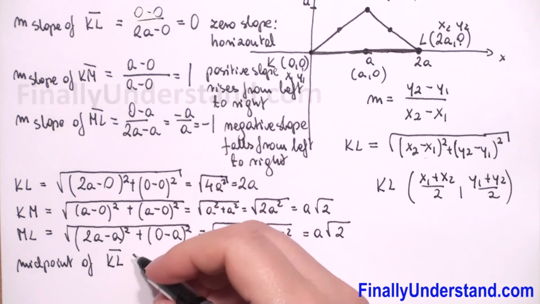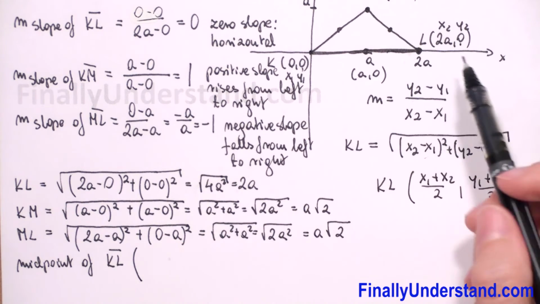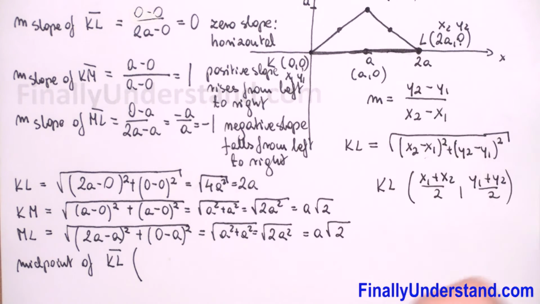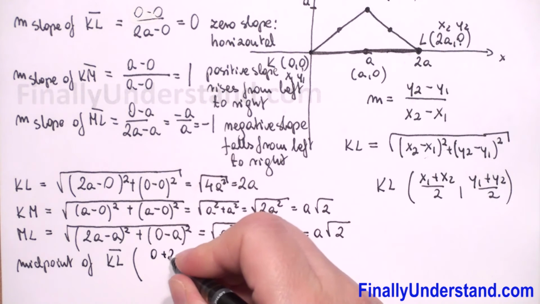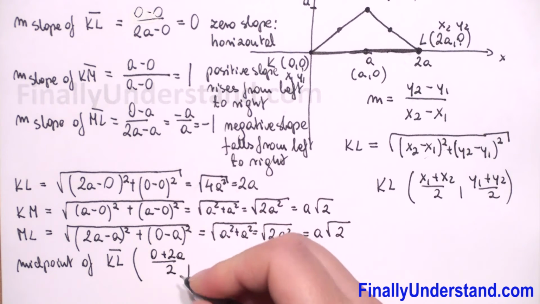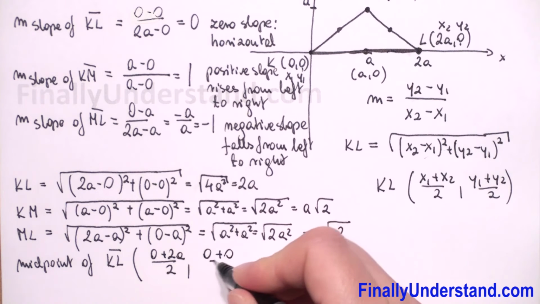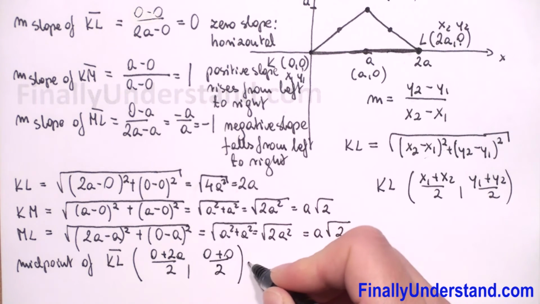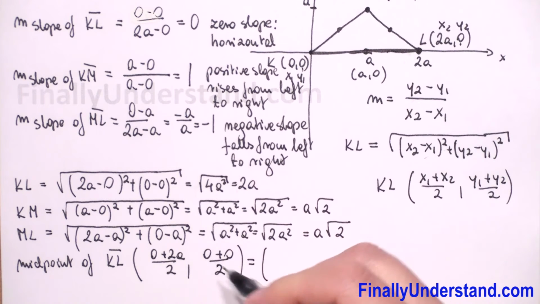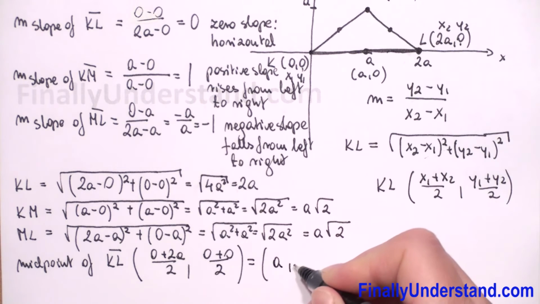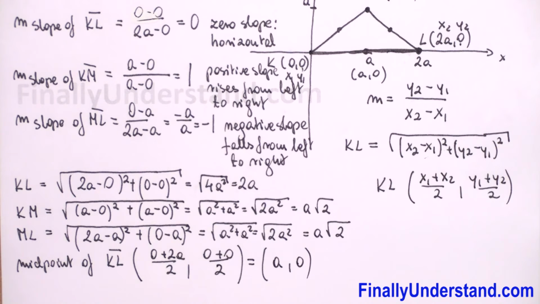So it will be 0 plus 2a over 2, and the second coordinate will be 0 plus 0 over 2. So this is equal 2a over 2, so will be a, and 0, the second coordinate.